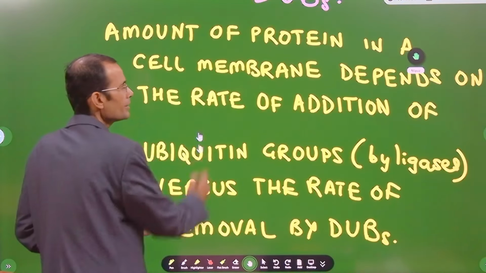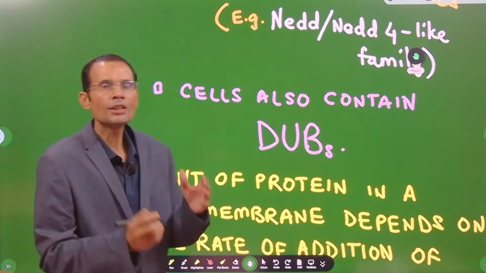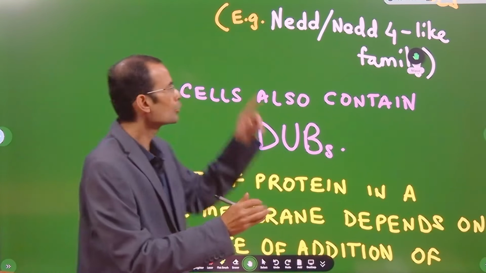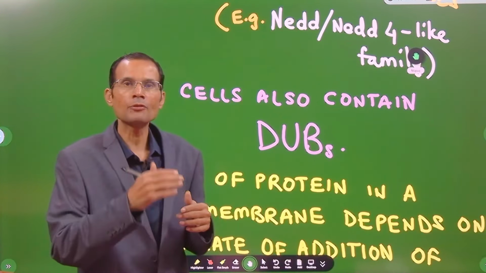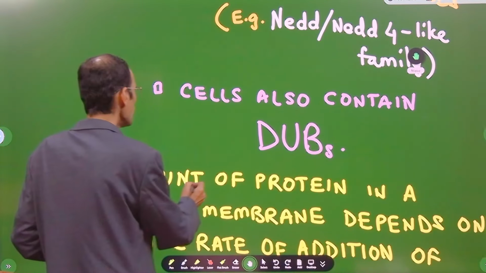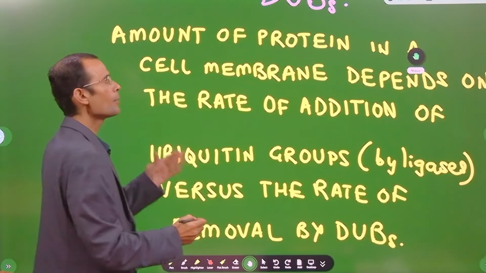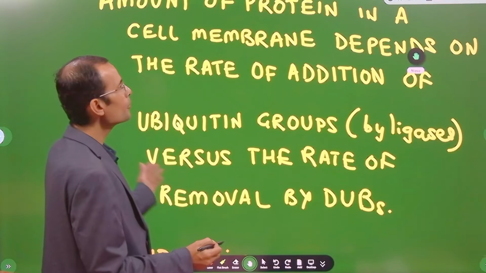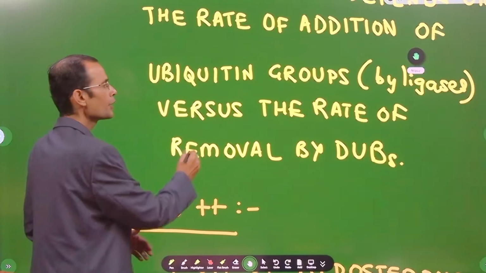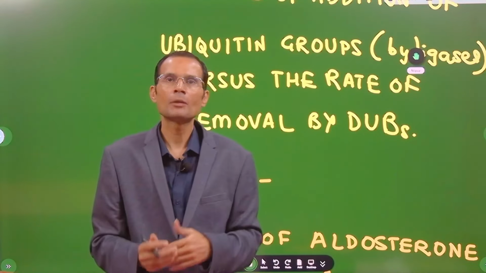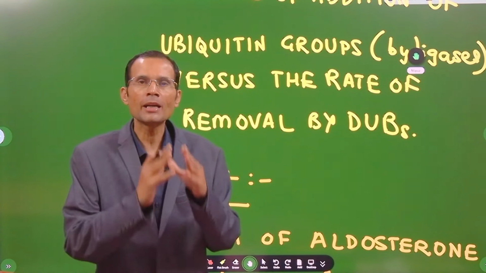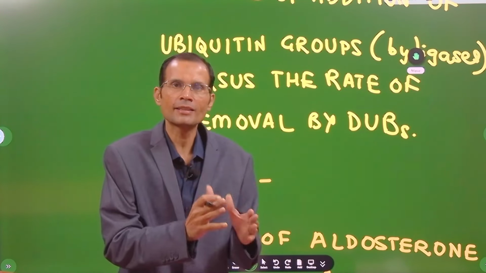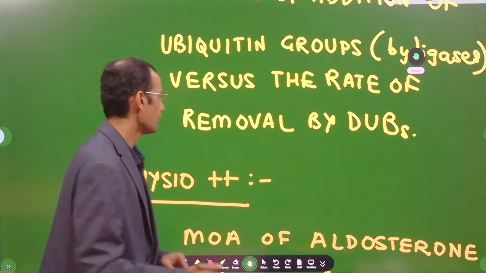There is a rate at which the ubiquitins are getting bound to the membrane protein versus the rate at which DUBs are acting and removing the ubiquitin from the membrane proteins. So the amount of protein in a cell membrane depends on the rate of addition of ubiquitin groups versus the rate of removal by the DUBs, and that will finally determine how much membrane protein is there in a cell membrane at any given point of time.